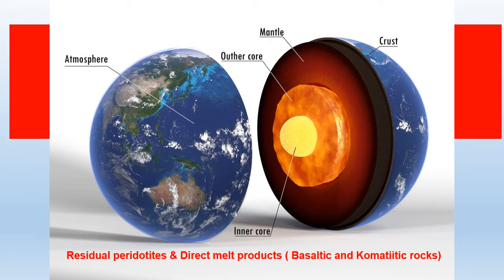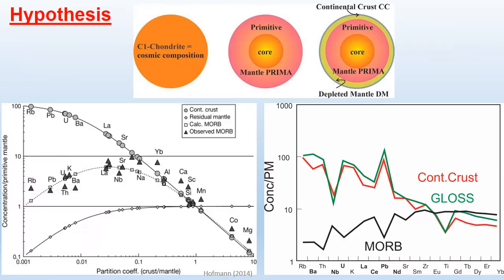The mantle itself has two products: residual peridotite and direct melt products like basaltic and komatiitic rocks. As we know, for the early Earth, the Archean and Proterozoic, residual peridotite is rare and not preserved. So the only compositions we can study are basaltic and komatiitic rocks.